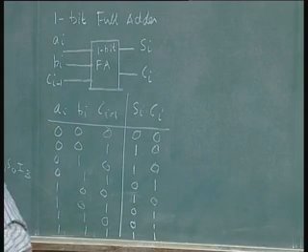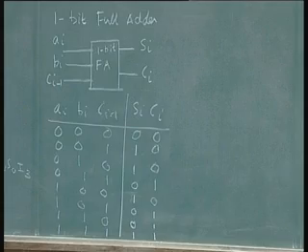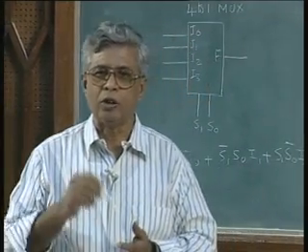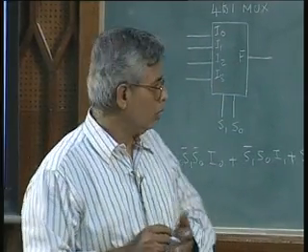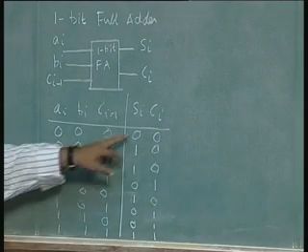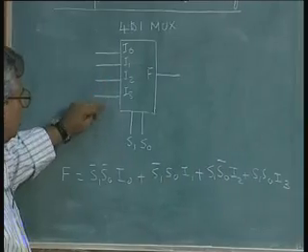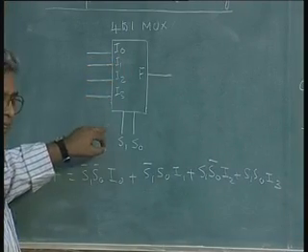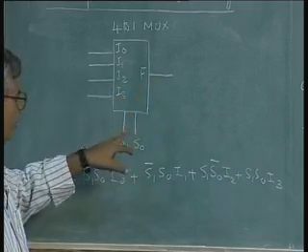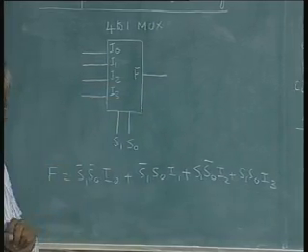Now I am told by the person who has given this problem to me to use only multiplexers. If I have a choice of multiplexer type, because there are 8 inputs and 1 output, naturally I will choose a multiplexer with 8 inputs I0, I1, I2 up to I7 and 1 output F, and when you have 8 inputs I need 3 selectors S2, S1 and S0.